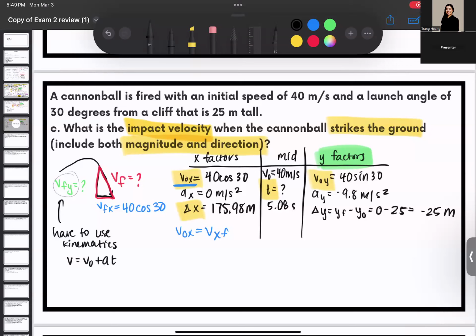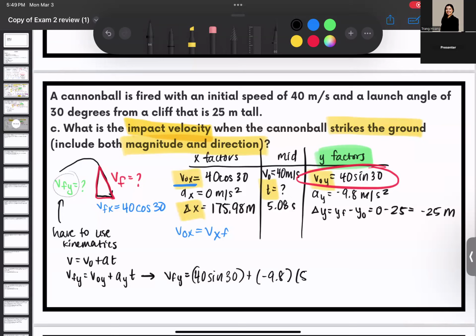We can just adjust it: V final Y equals V initial Y plus a_y times t. If you plug that in, you're going to get V0Y, 40 sine 30, plus a_y, which is negative 9.8, times t, which is 5.08.